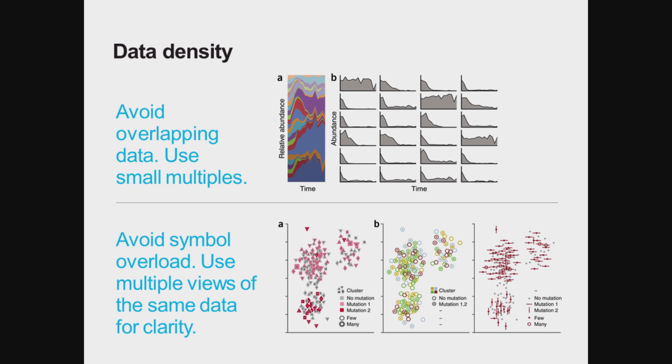In this example on the bottom, think about breaking out your overly complex figures into small multiples, maybe 2 or 3 different ways of looking at it. It really improves clarity, and you can still see the complexity of the data. You have a lot of data, but you're able to read it. So that's our plea.